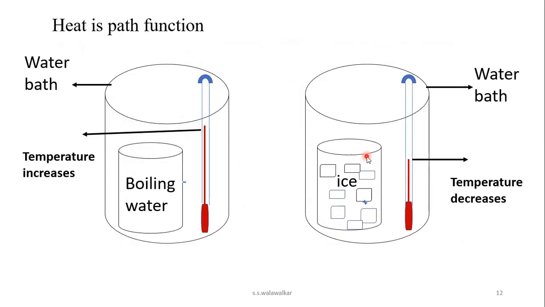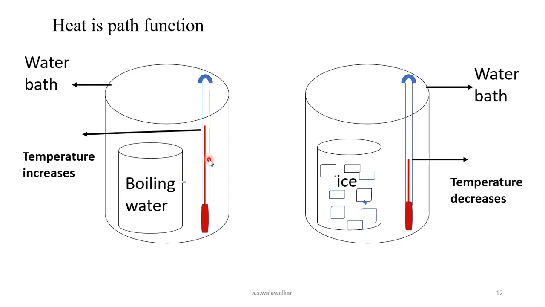Another example of a path function is heat. Heat is also called a path function. It is the way by which the system can exchange energy with its surrounding. Now consider here a flask which contains boiling water, and this flask is immersed in a water bath. Then the temperature of the water bath rises.